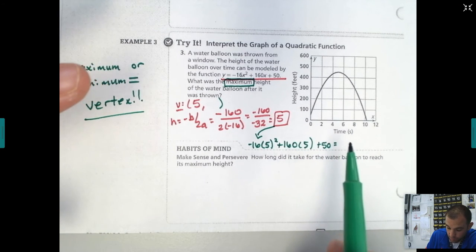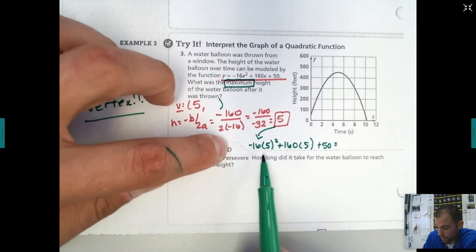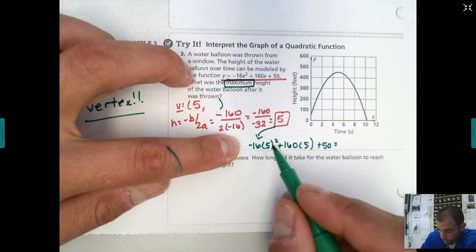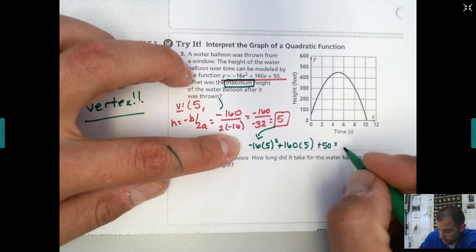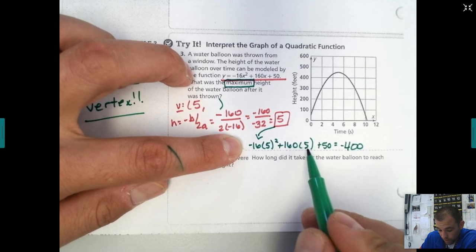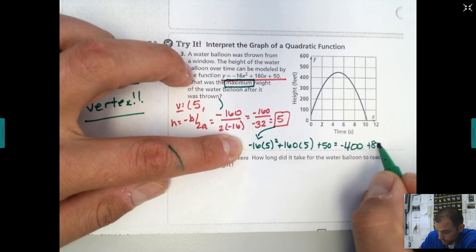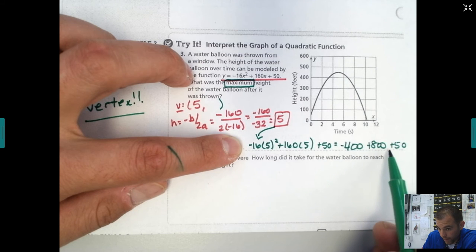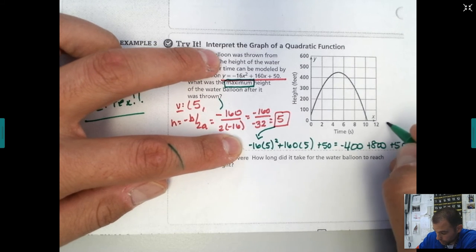Okay, now we're going to get some big numbers here, and that's okay. If you put this in your calculator, just like this with parentheses, 5 squared is 25 times 16 is negative 400. 160 times 5 is 800, and then plus 50. And if you added that up, you would get 450.